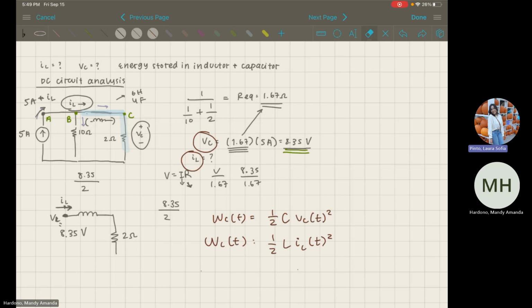Since time doesn't matter, it would just be that. What does WC stand for again? Energy stored in the component. So if it's WC, it's energy stored in the capacitor, and WL is energy stored across the inductor.